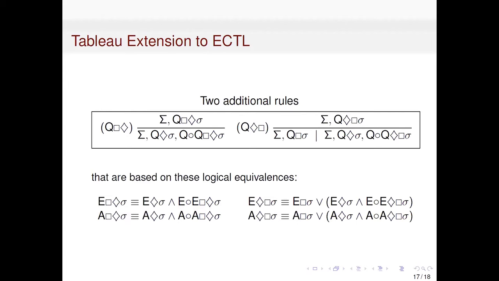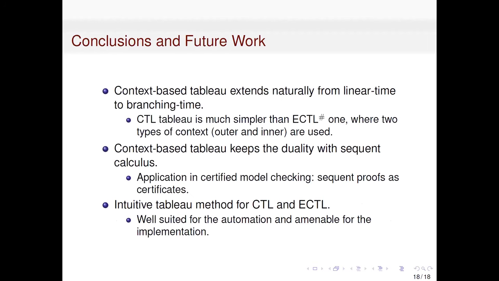So you expand the tableau, generating the successor node, and the rule is based on the standard fixed point definition of this operation and the property of the fairness and the scope of the quantifier. So we did prove the standard soundness, completeness and determination of the procedure.